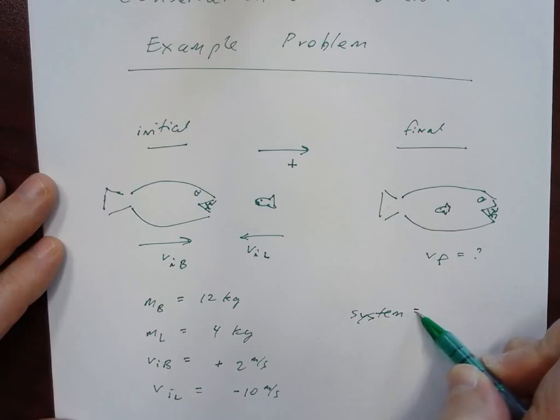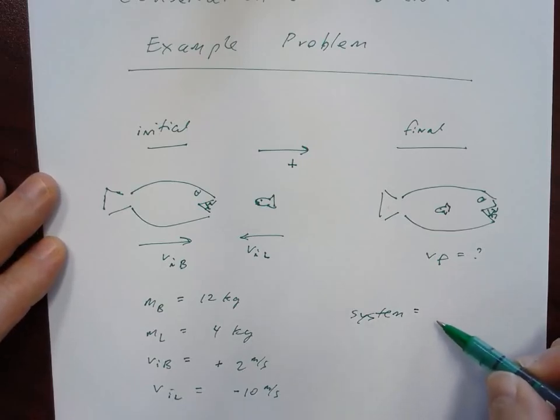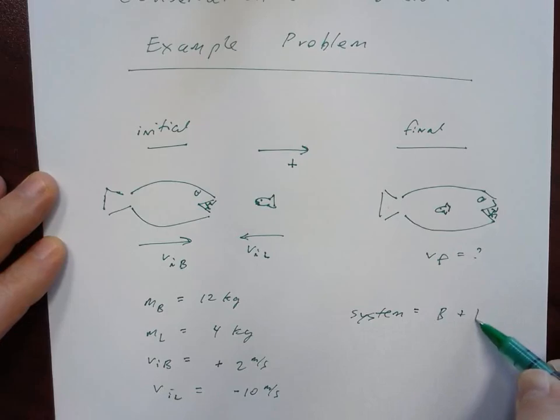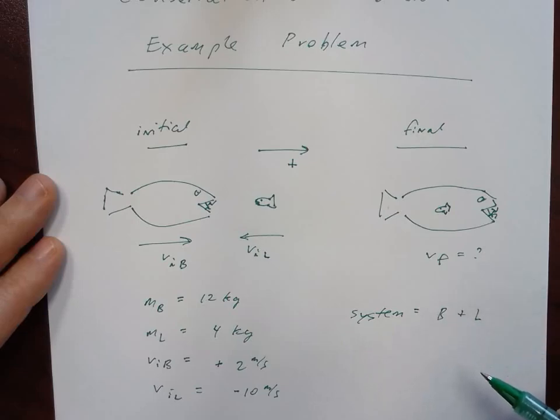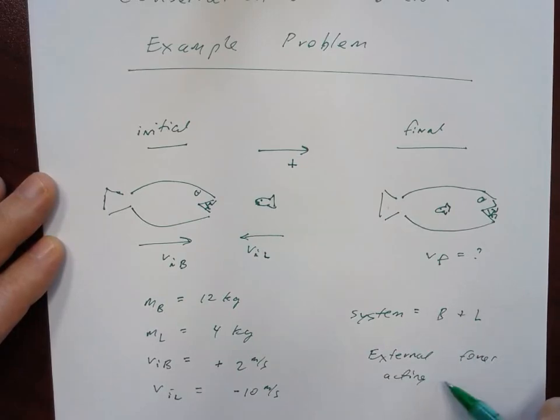The system is big fish plus little fish. We also need to think about the force diagram to prove that this is an isolated system, so we need to represent the external forces acting on this system during the collision, which is really all we're interested in.